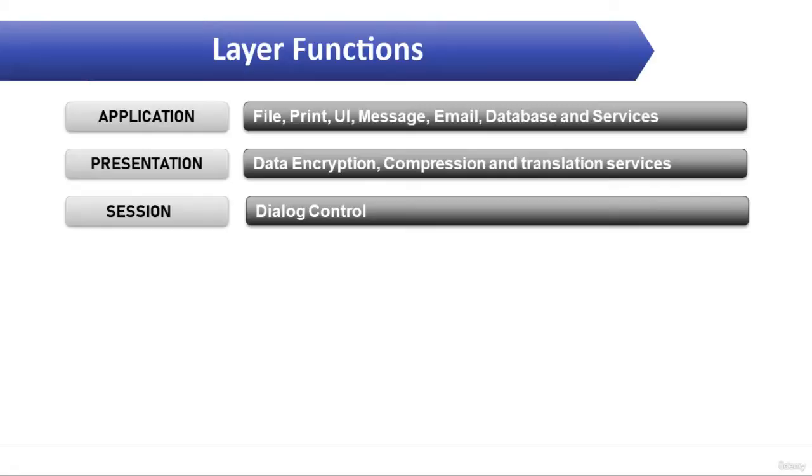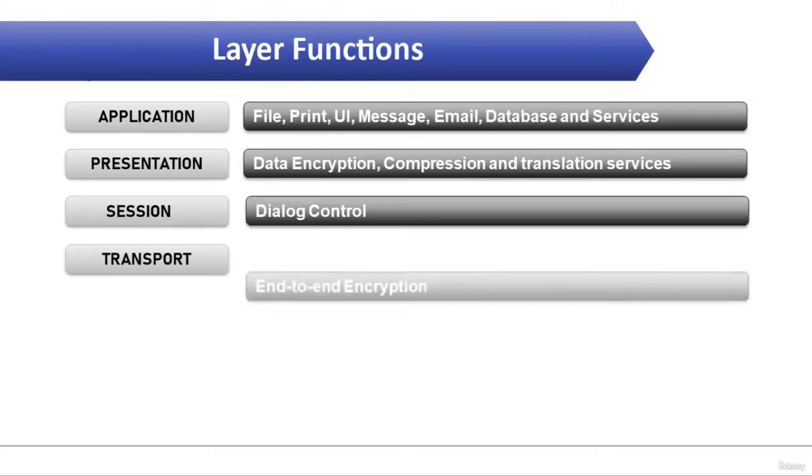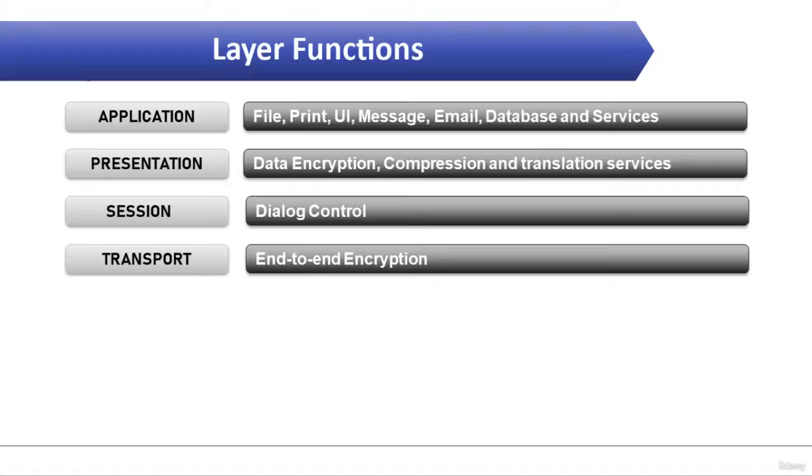It is responsible for keeping the sessions of different windows altogether different. The fourth layer is the transport layer. The transport layer provides reliable or unreliable delivery. Then it performs error correction before retransmission of data, which means it provides end-to-end encryption right from the sender to the receiver.